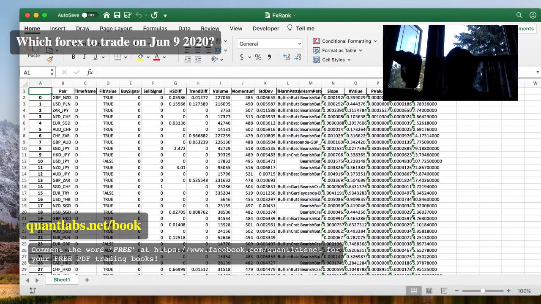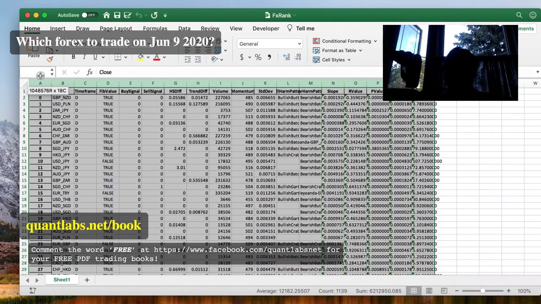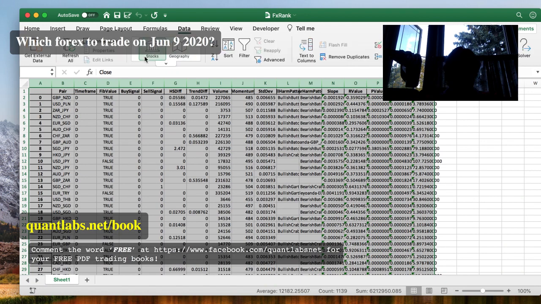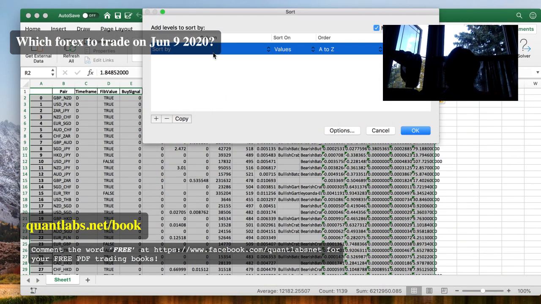So again, we can sort based upon momentum, slope, and we can also measure our volatility using the standard deviation. So if I do a data sort here in Excel on the column of momentum, we want largest to smallest.